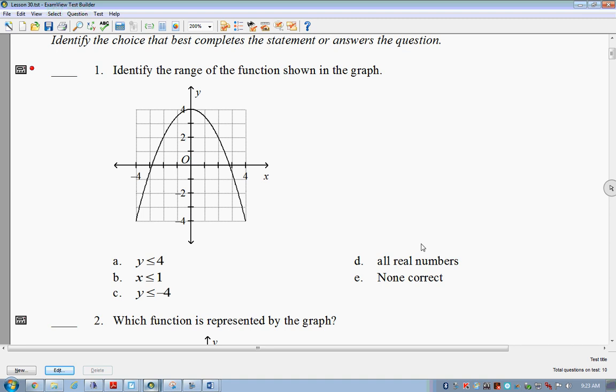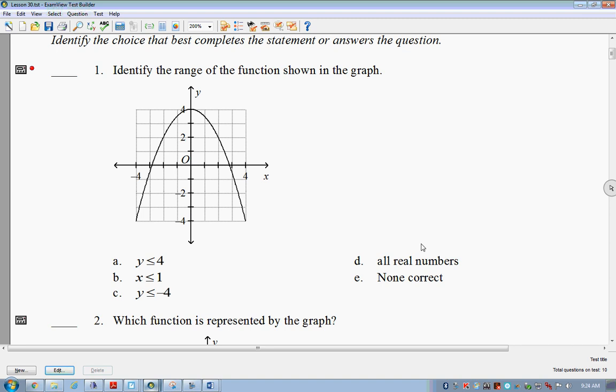So here it says identify the range of the function shown in the graph. What is range? What set of values does range involve? Is it my x values or my y values? Y values. Y values are going to be on which axis? The y axis, the vertical line, correct?